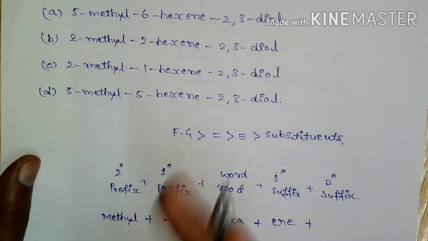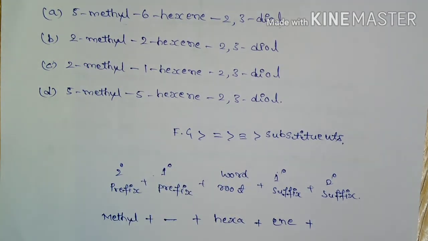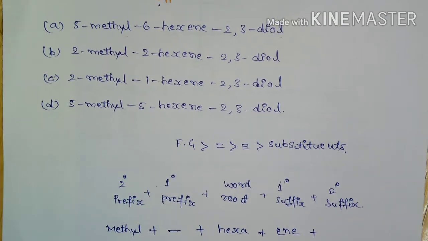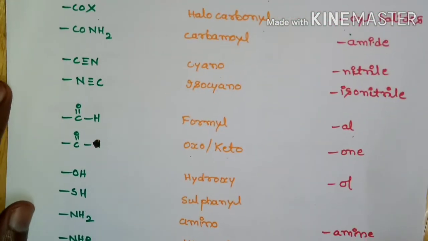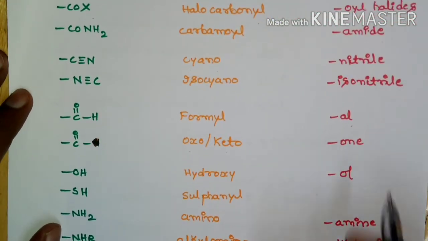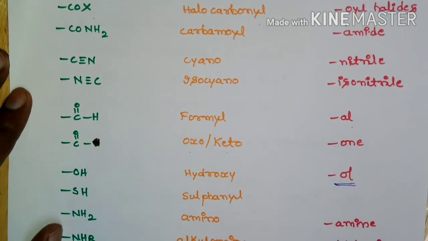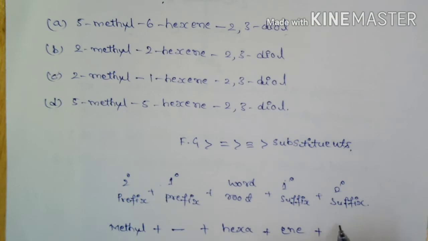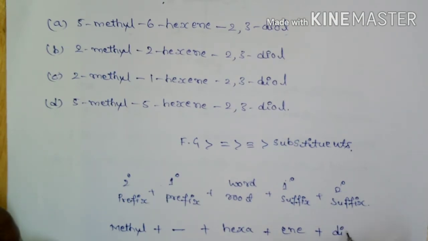So here the secondary suffix is OH group, and OH group will have ol. Secondary suffix ol. So since we are having two OH groups, it will be diol.